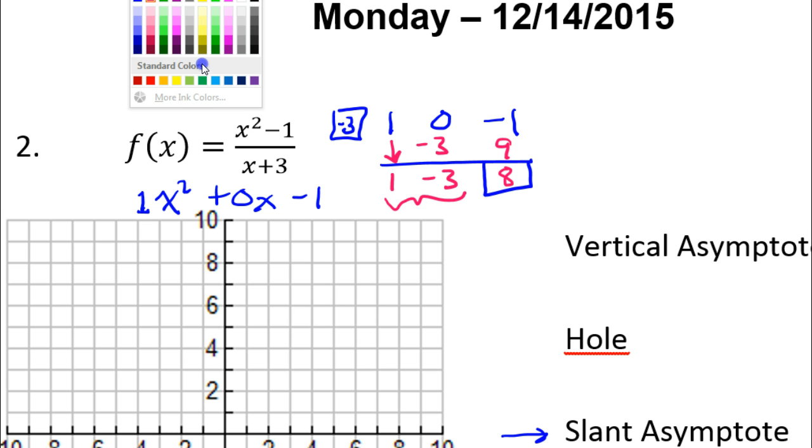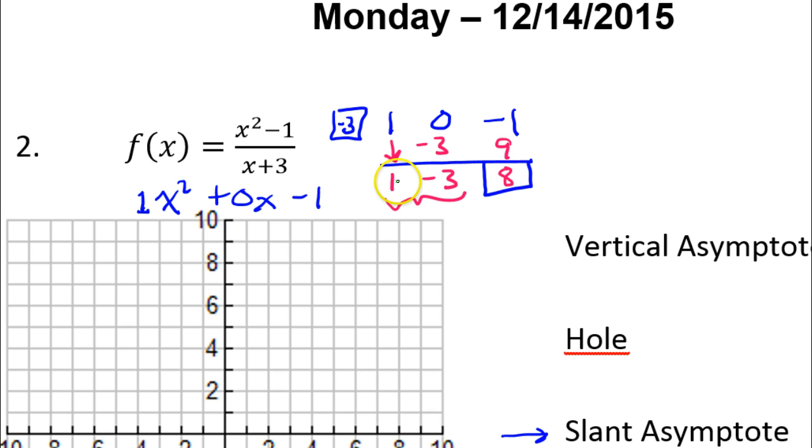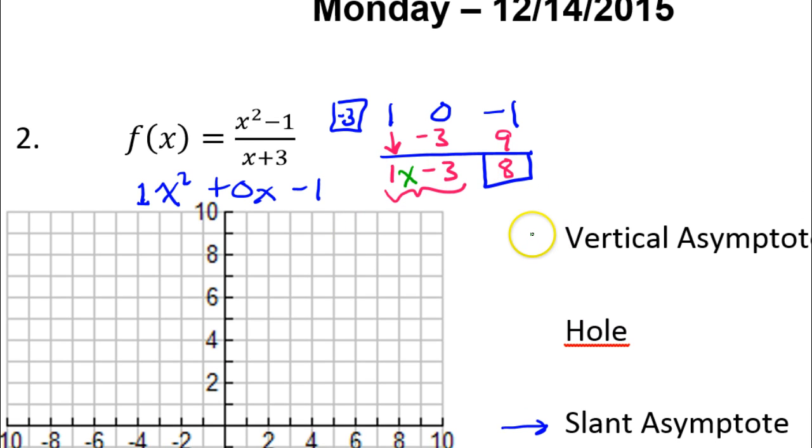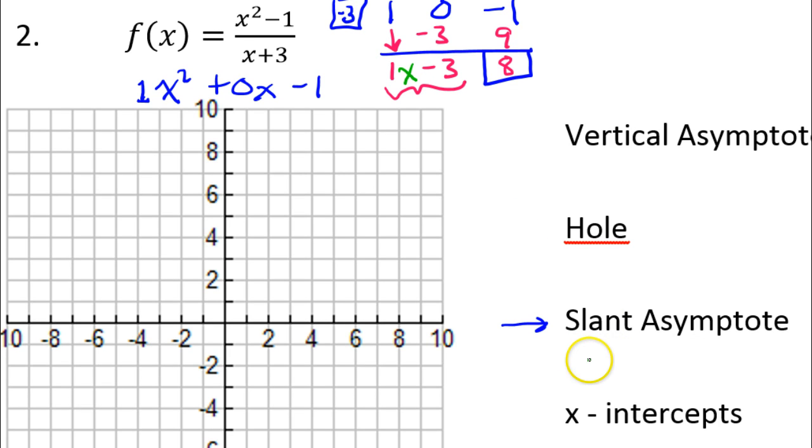So the slant asymptote, if I put the x back in, would go like here. See the x minus 3? So my slant asymptote will be y equals x minus 3. Notice how the 8 does not get involved in the slant asymptote. So that's my slant asymptote.